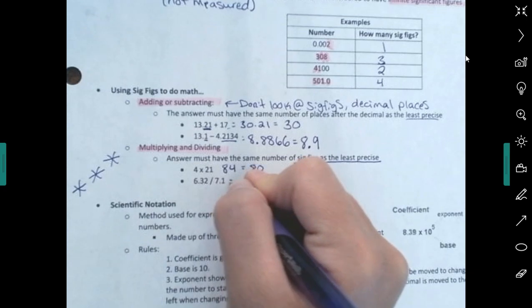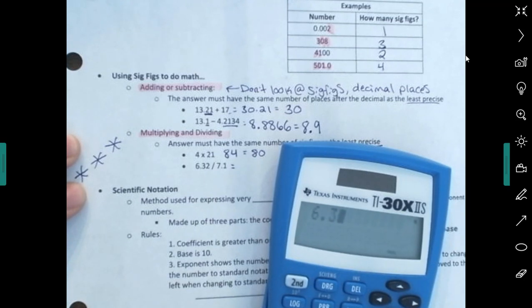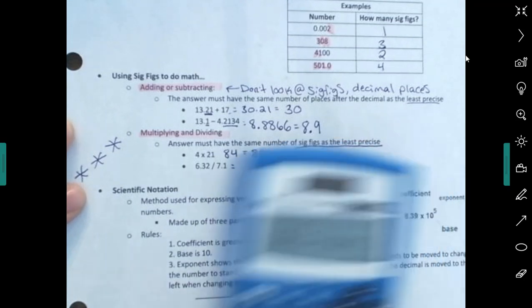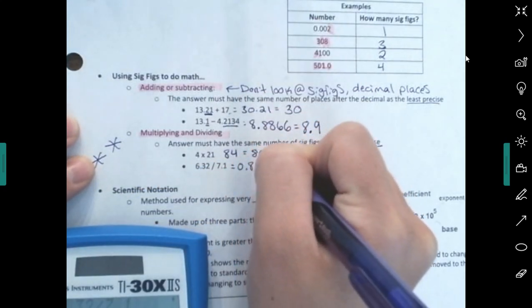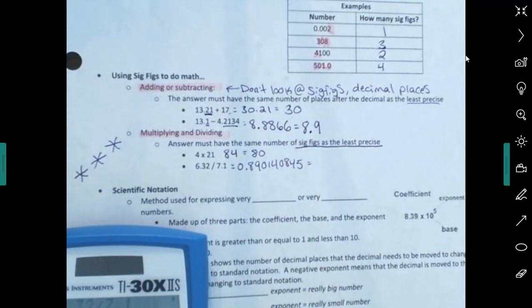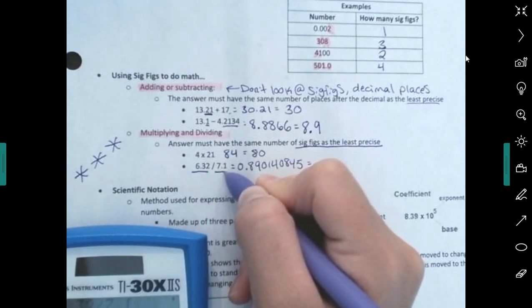All right, let's do this one. So I've got, oops, my paper went crazy. All right, 6.32 divided by 7.1. All right, I get this big long number. I'm going to write out a big chunk of it. All right, that's my unrounded answer, right? Now, I need to figure out how to round it. This has 3 sig figs. This has 2 sig figs.